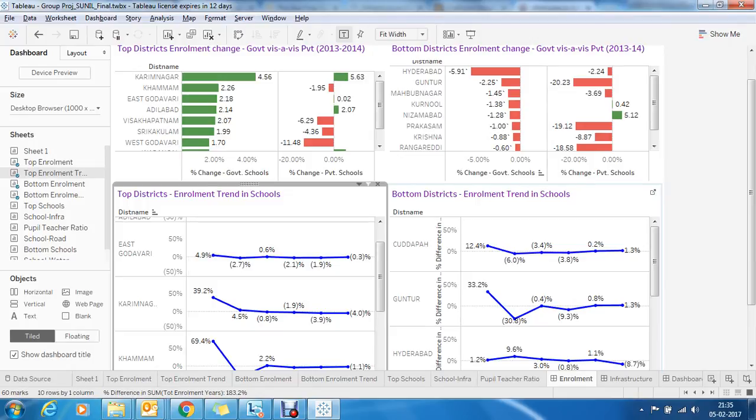So we took Andhra Pradesh as the unit of analysis, and post that report, there has been a lot of push by the Andhra Pradesh government in allocating funds to address enrollment in schools. Through this dashboard, we wanted to explore if those funds are being effectively used, and how schools in different districts are performing in terms of enrollment.